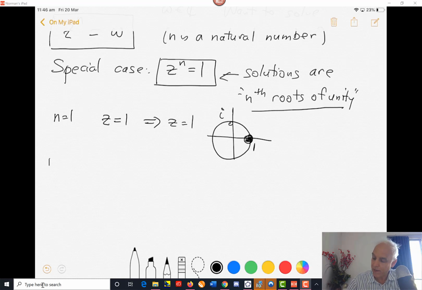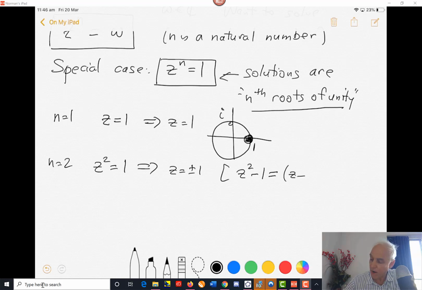Okay, how about when n equals 2? So now we're talking about z squared equals 1. There's two solutions to that, and they are z equals plus or minus 1. And a reason why we can see that is because z squared minus 1, when we bring everything to one side, factors as z plus 1 times z minus 1.